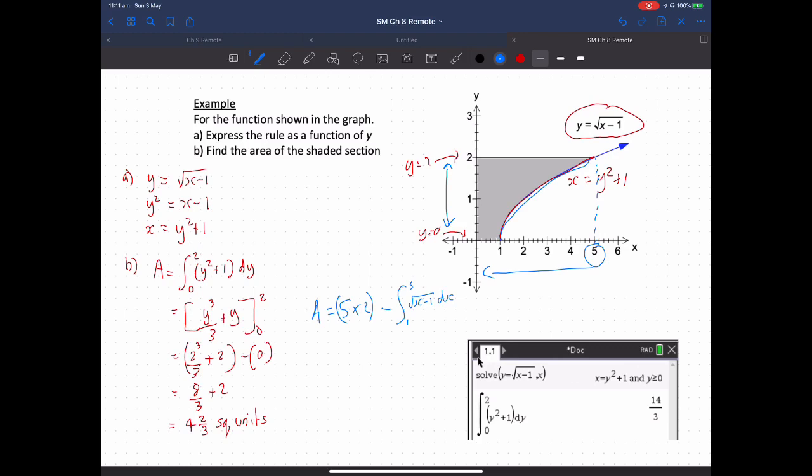We were guided the way we went by the fact of part A getting us to express the rule as a function of y.